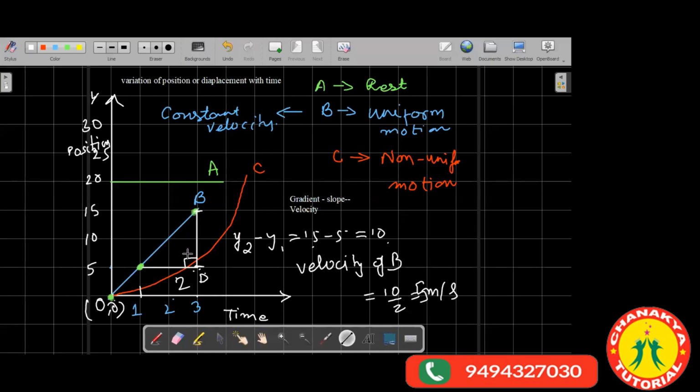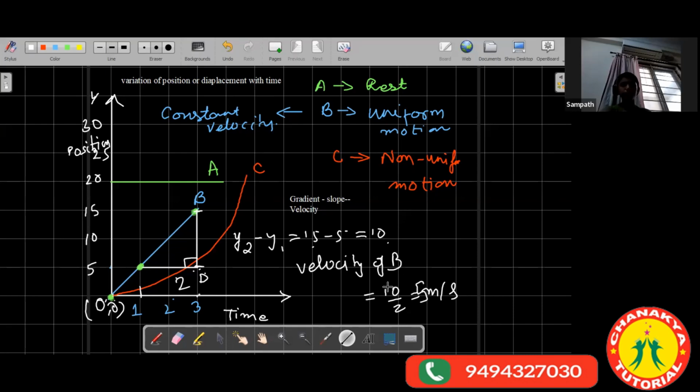If you use the complete graph, 15 will be the perpendicular and base will be 3. So if you divide 15 by 3, again you get 5 meter per second. Okay. So everyone has understood about all these three graphs of position time. Yes, sir.